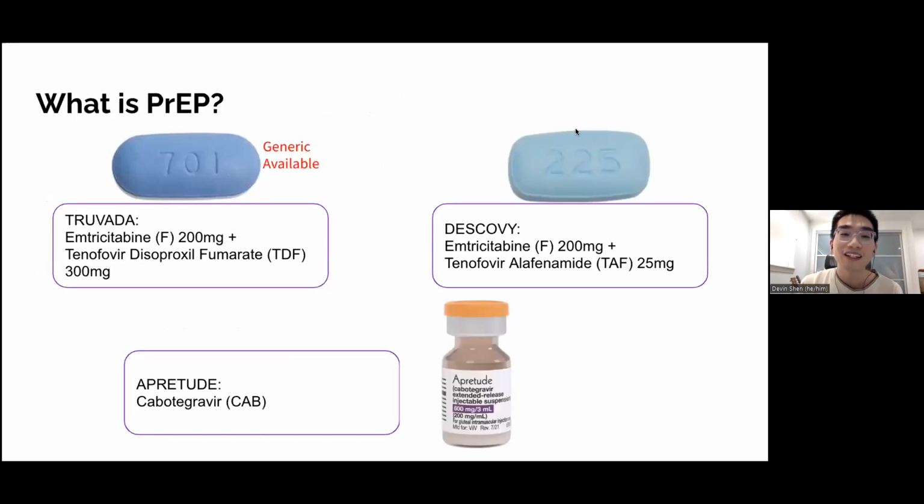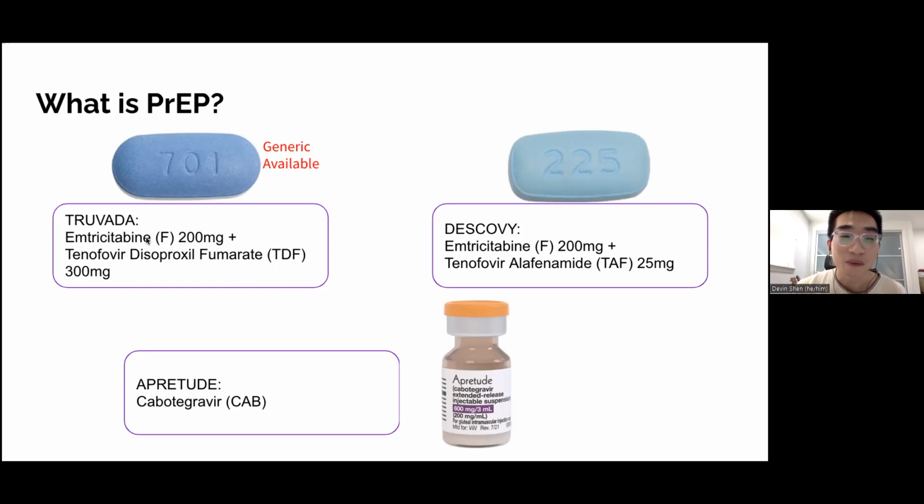So, just starting to talk about what PrEP is. PrEP is a medication used in advance of an exposure to prevent acquisition of HIV. Currently there are 3 available options for PrEP. Truvada and Descovy exist as tablet formulations, just 1 tablet once a day. Truvada contains emtricitabine 200 milligrams and tenofovir disoproxil fumarate 300 milligrams.